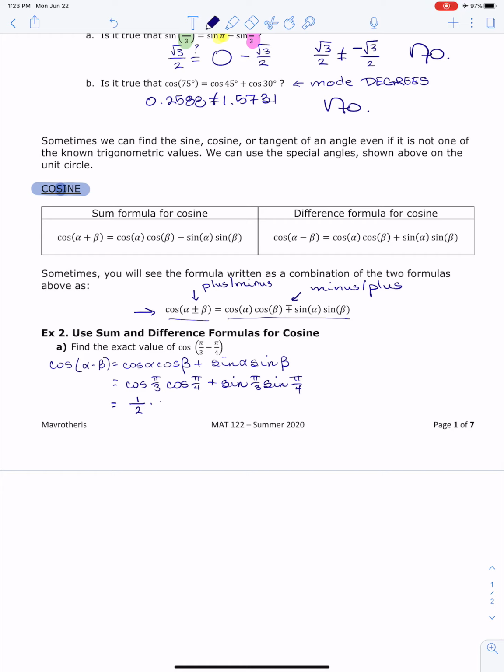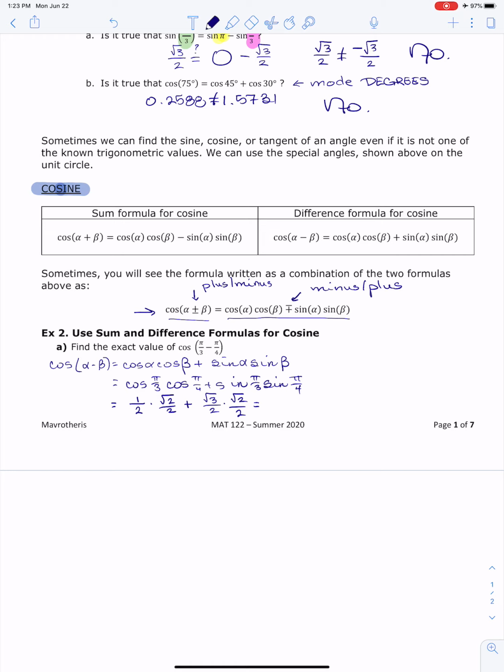Cosine at pi over 4 is square root of 2 over 2, plus the sine at pi over 3 is square root of 3 over 2. Sine of pi over 4 is square root of 2 over 2.